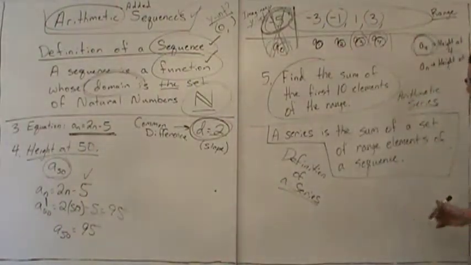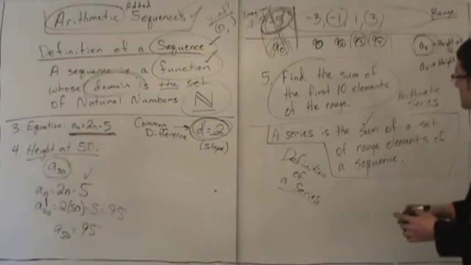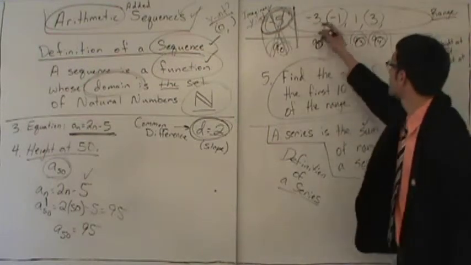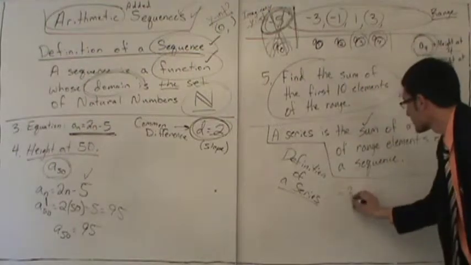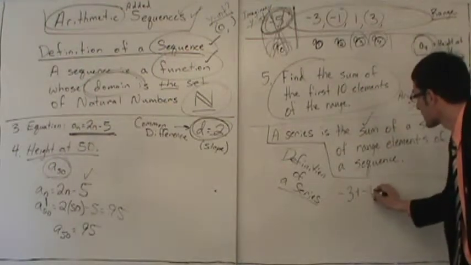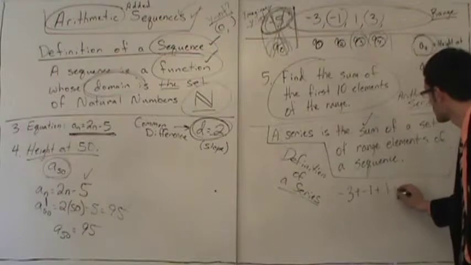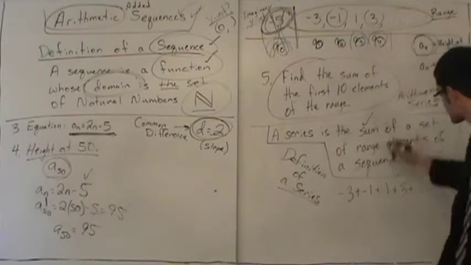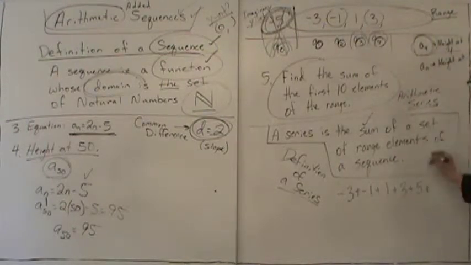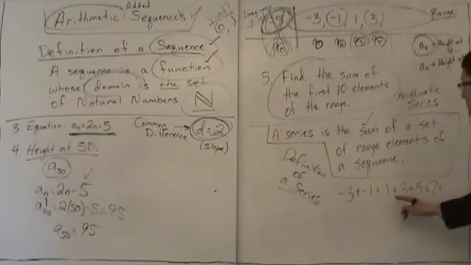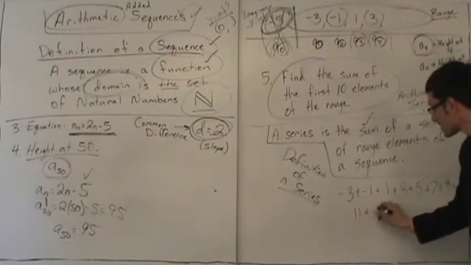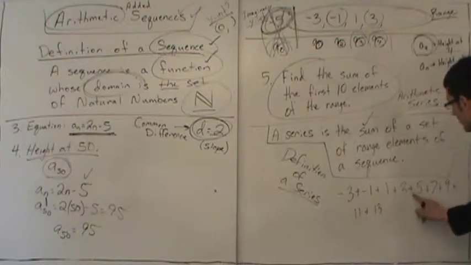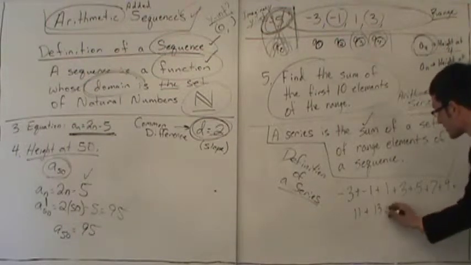Series is very simple. It's a value, the sum of the range elements of a sequence. So we're going to take this range: -3 plus -1 plus 1 plus 3 plus 5 plus 7, and we keep doing this till we get to the 10th number, plus 9 plus 11 plus 13 plus 15.